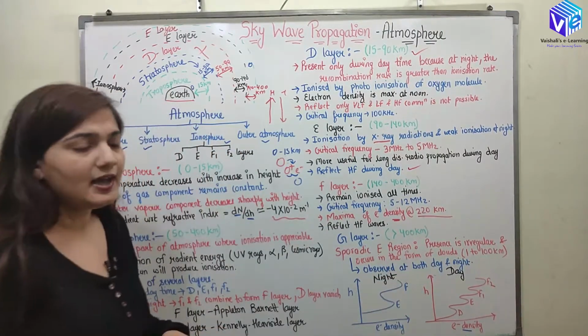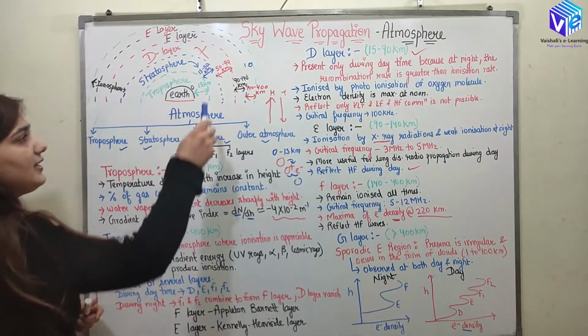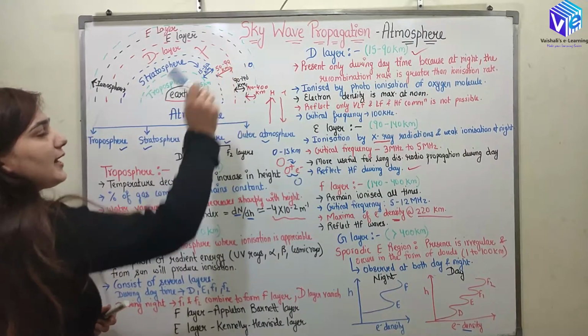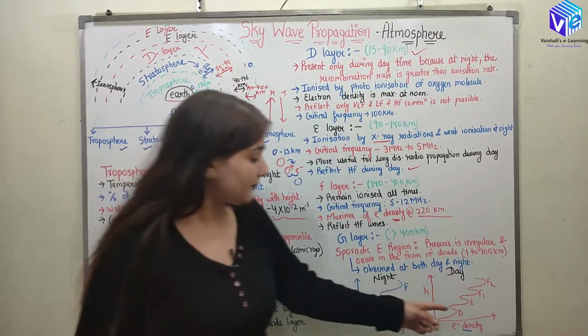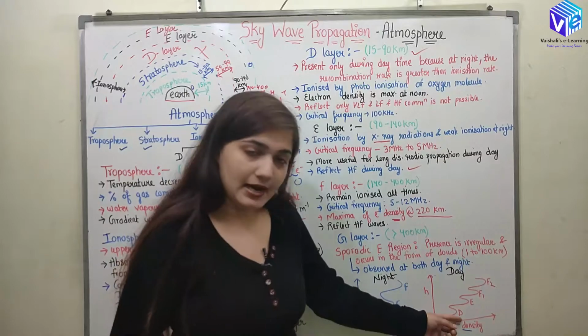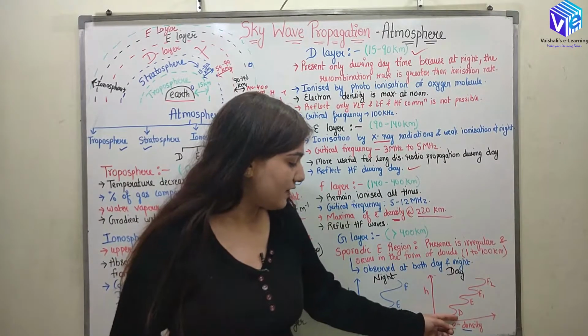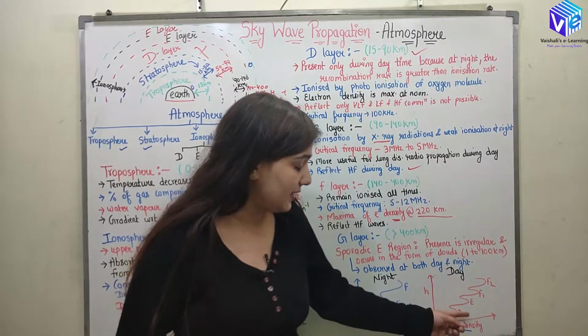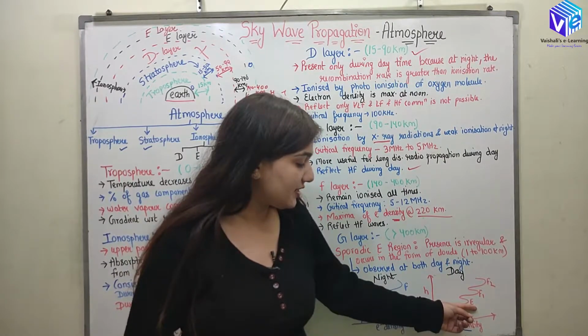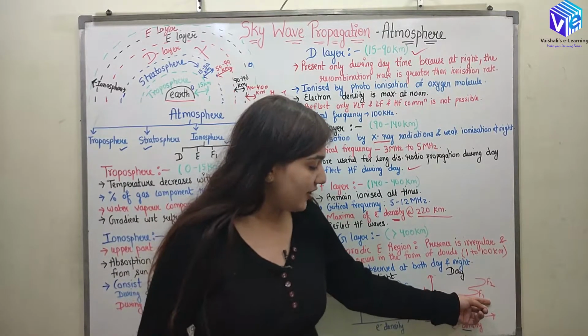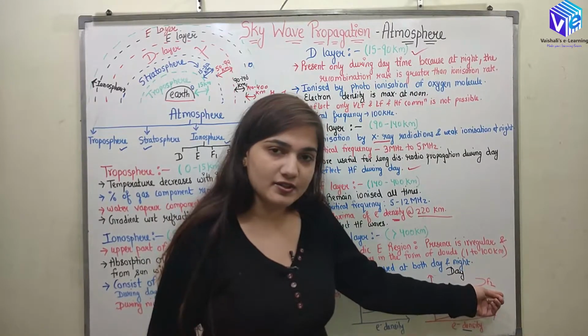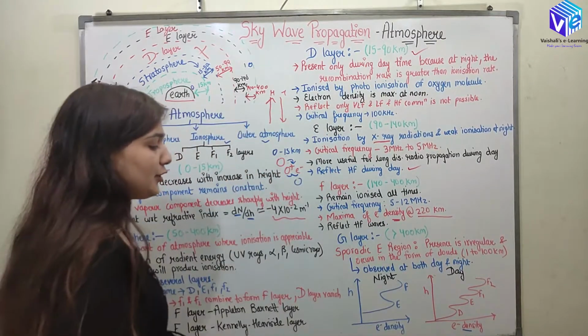As I have told you, the D layer is at 50 to 90 kilometer. The most downward layer is the D layer, so the maxima of electron density would be here at the D layer. Similarly, I will have a further maxima which is the E layer, a further maxima which is the F1 layer, and a further maxima which is the F2 layer during the daytime.